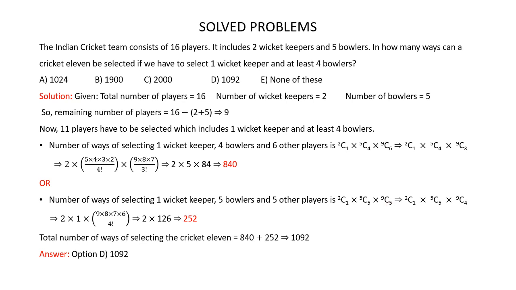Now 9C5 can be written as 9C(9 minus 5), which is 4. So 9C5 is nothing but 9C4.